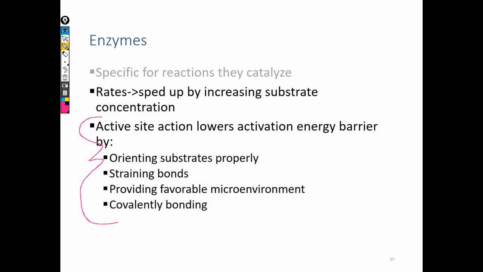Microenvironment referring to the tiny space where the enzyme and starting molecule are now taking up, instead of them being in their own little bubble. So we might change the pH of that area, might change the temperature. Kind of like how the divorce attorney made a nice room for the couple to sit in, gave them water, kept everybody calm.